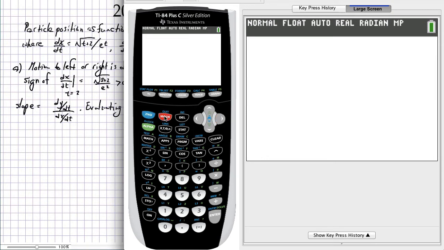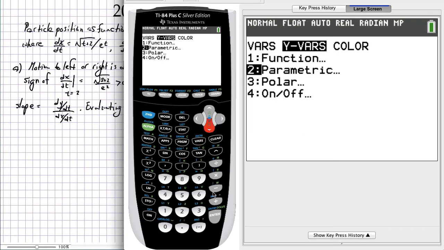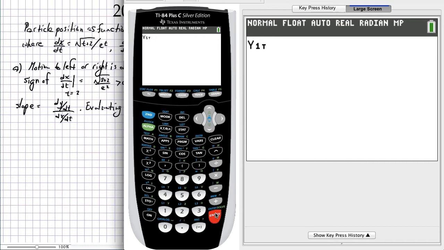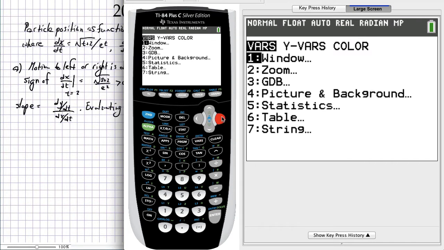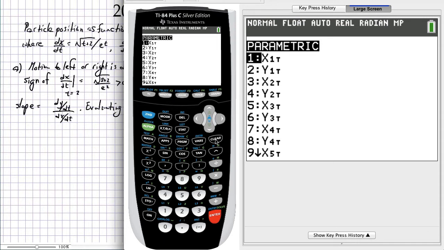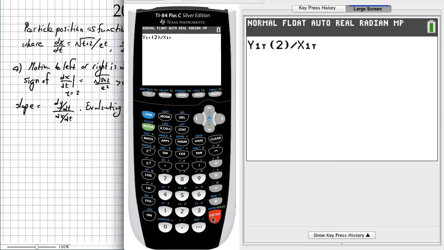And so, for example, to find dy dt over dx dt, both evaluated at t equals 2, note that I can just write, give me the parametric y1 of t, that's the y velocity, and I want it evaluated at 2, divided by another variable, namely the parametric x, and evaluate that also at 2.